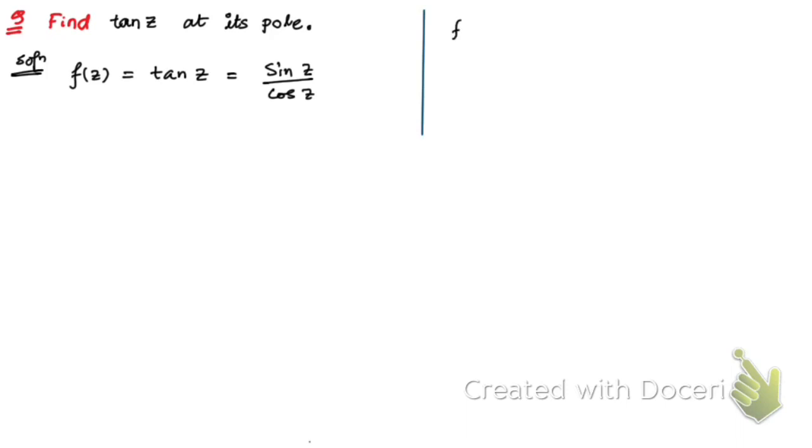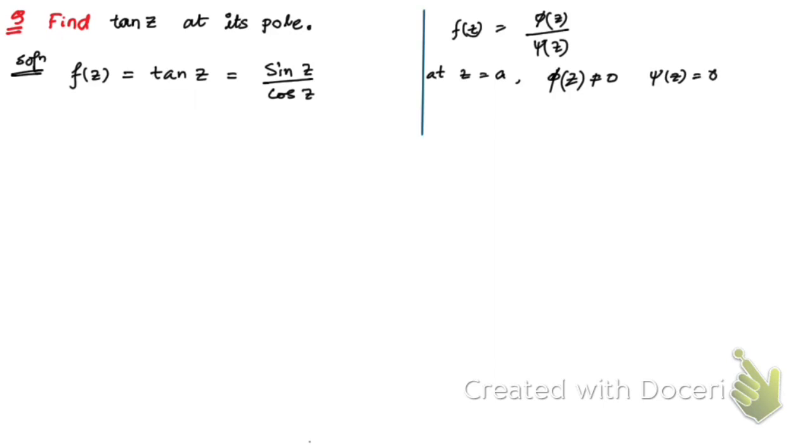If the function f of z is of the form phi of z by psi of z, and z is equal to a is a simple pole, suppose phi of a is not equal to 0 but psi of a is equal to 0.